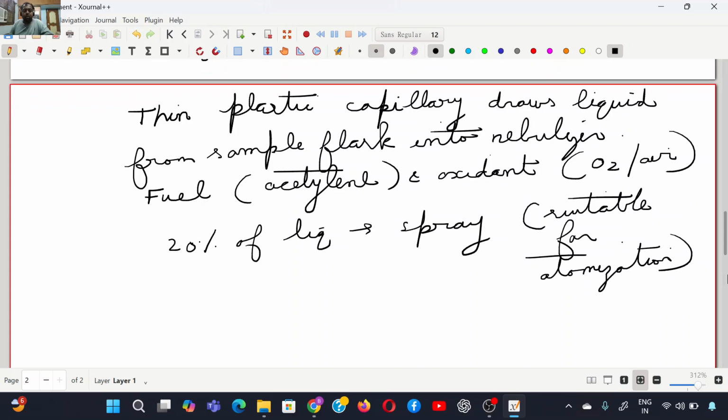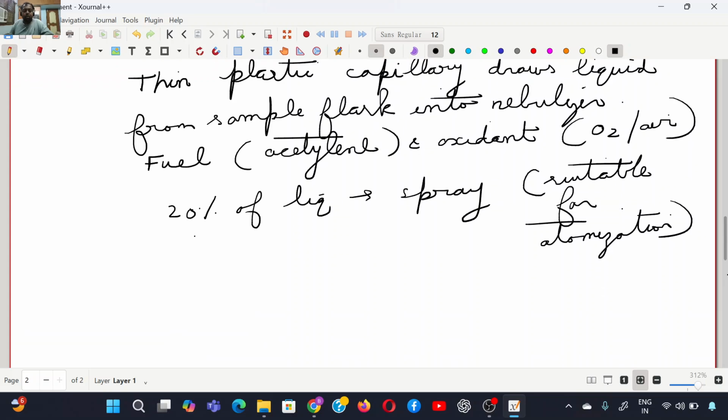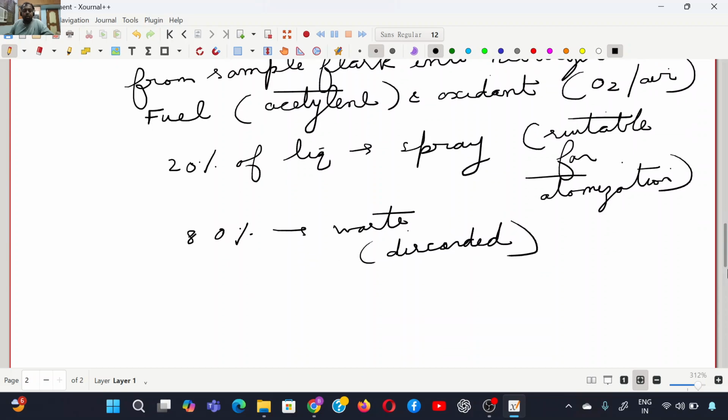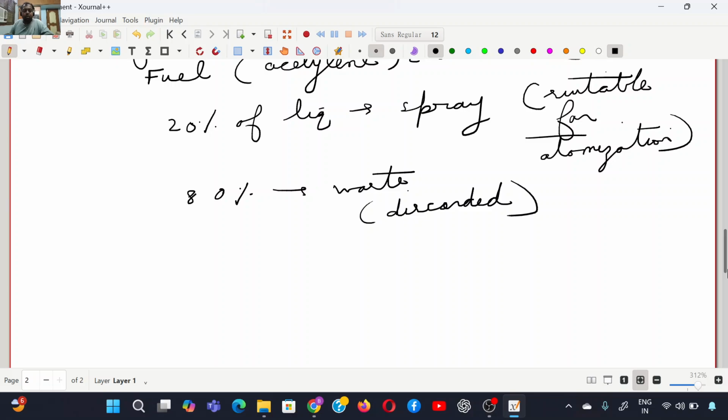And the remaining 80% is just waste. It's discarded because they are in the form of larger droplets. Okay, basically it's in the form of large droplets.